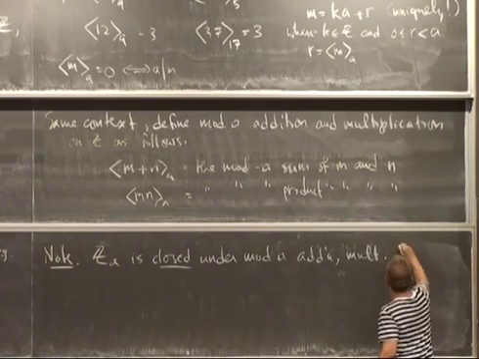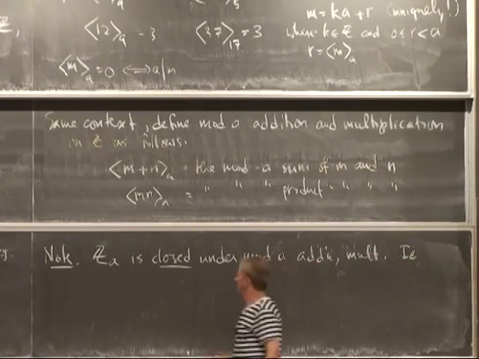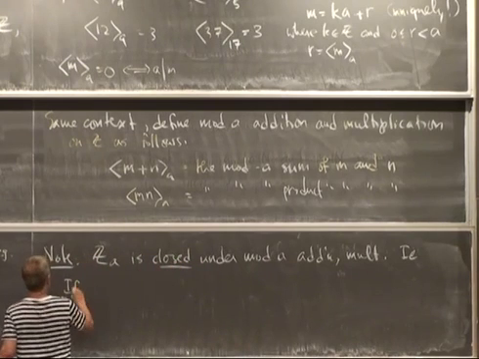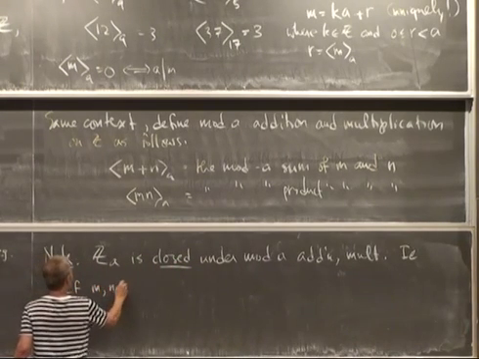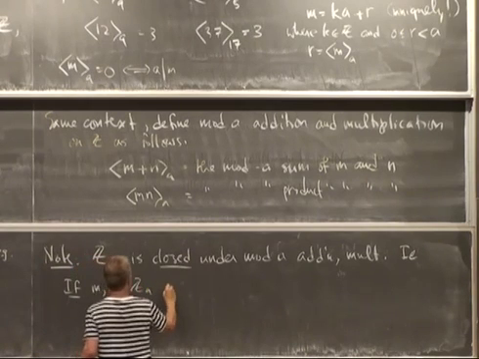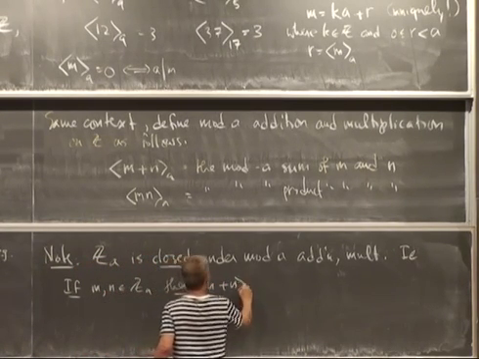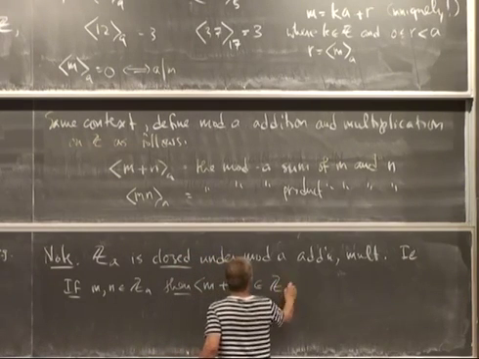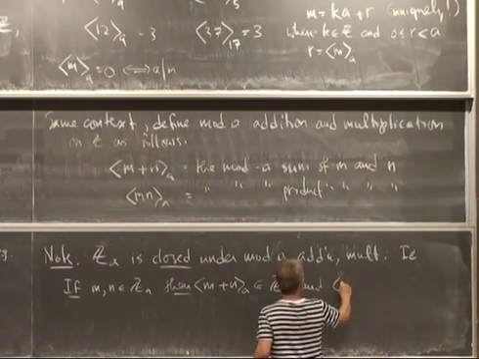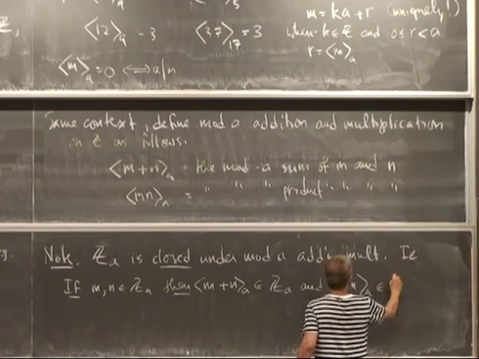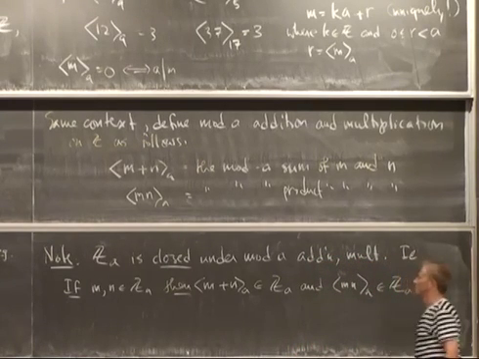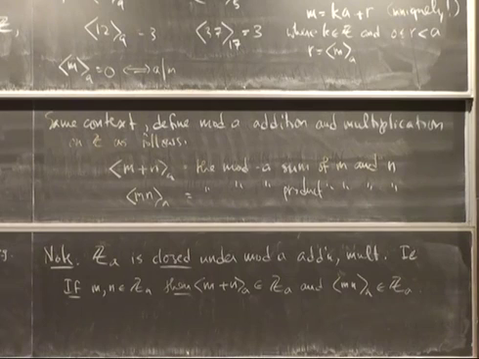In other words, if m and n are in Z mod a, or integers mod a, then m plus n mod a and mn mod a are both in there as well. If you take two things in the integers mod a and you do mod a addition, mod a multiplication, you'll still get something in there.